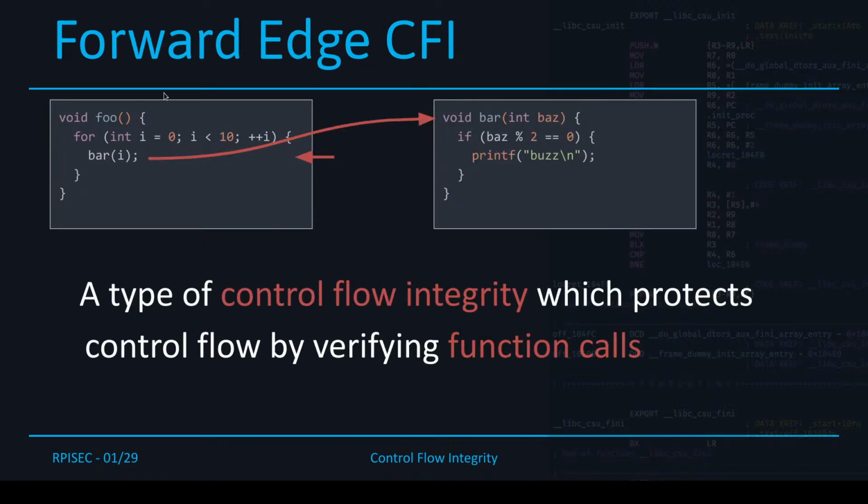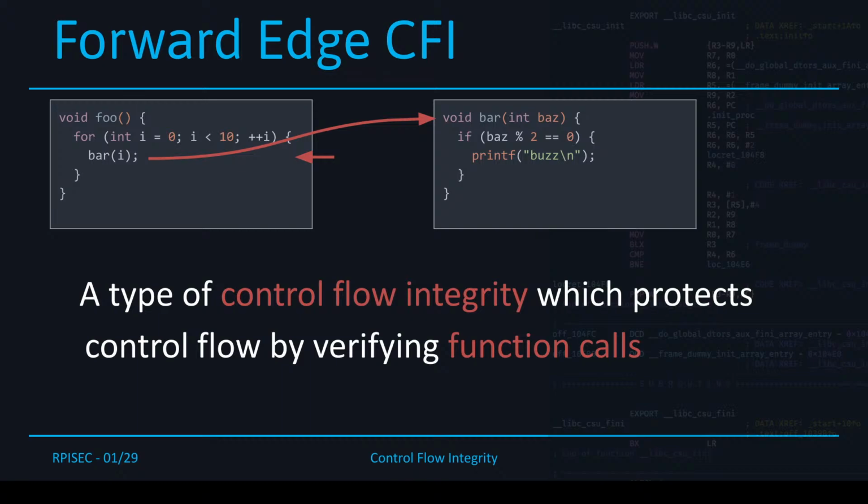So forward edge CFI, which we talked a little bit about before, is basically just protecting function pointers. So when you have a function and you call that function, you want to be thinking about how you're jumping forward and what address you're jumping to.